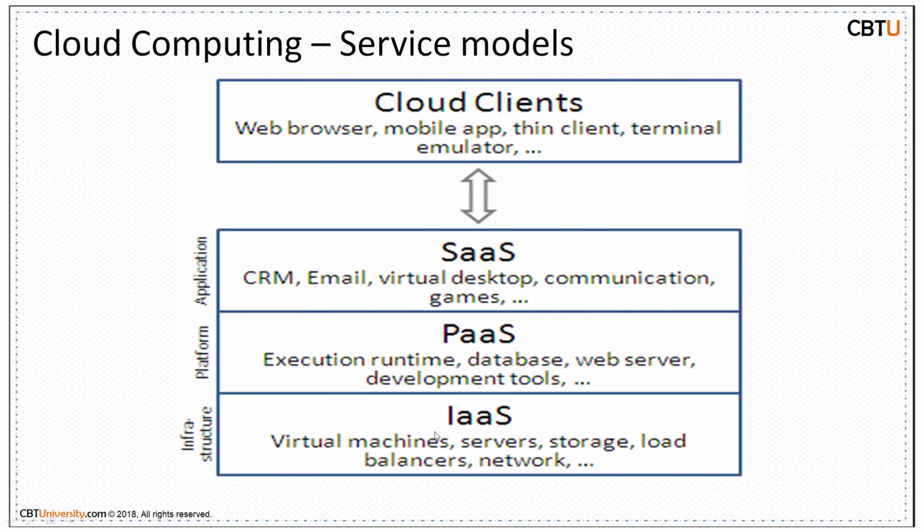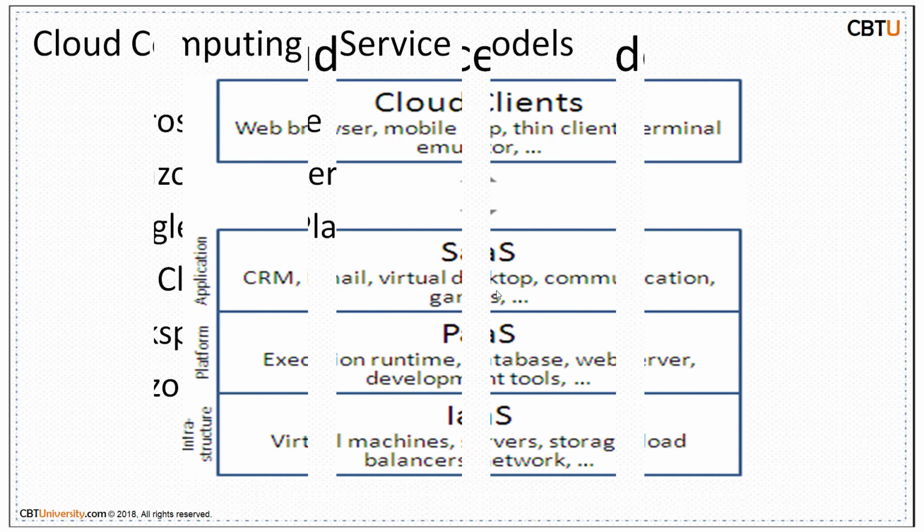All these services are accessed by cloud clients like web browser, mobile app, thin client, terminal emulators, and others. This is a basic classification. And now we are coming out with service oriented architectures that say everything is a service, XaaS. We're going to see the comparison of various service models in the coming sessions.